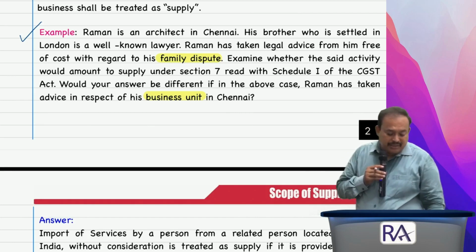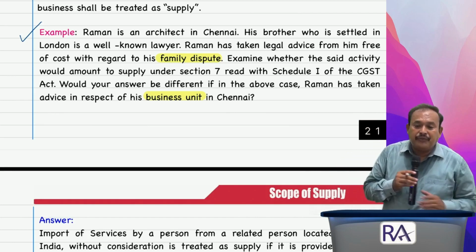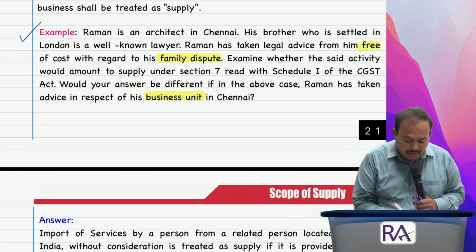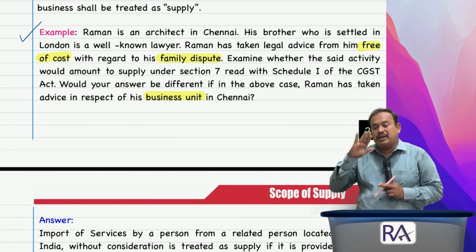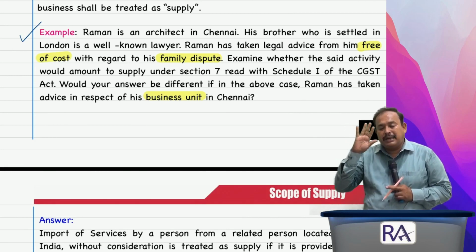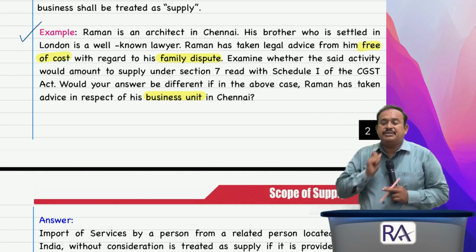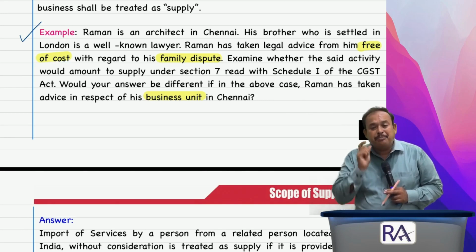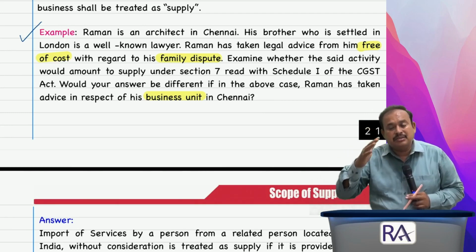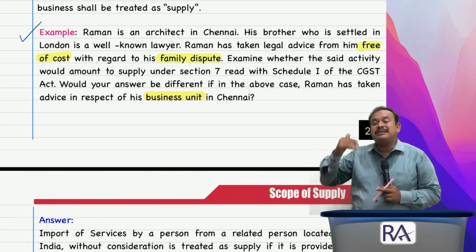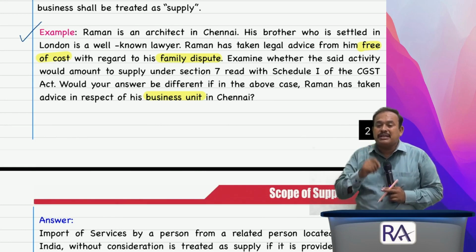Such import of services here is free of cost, no consideration. Schedule 1 is referred, point number 4, where import of services by a person from a related person or from an establishment outside India in the course or furtherance of business.